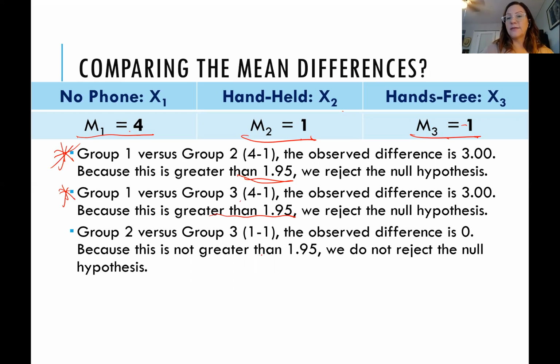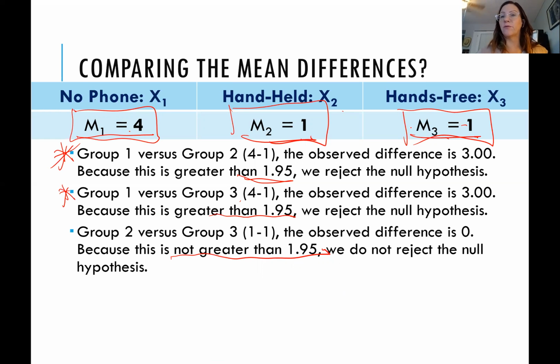That's not significant because it's not greater than 1.95, okay? So then what I want to do is kind of look at this. Okay, well, what's the pattern? So it looks like people with no phone perform significantly better than people with a handheld phone or a hands-free phone, right?